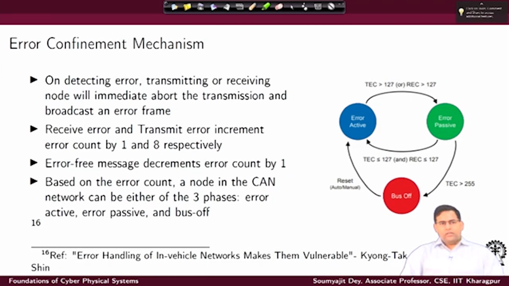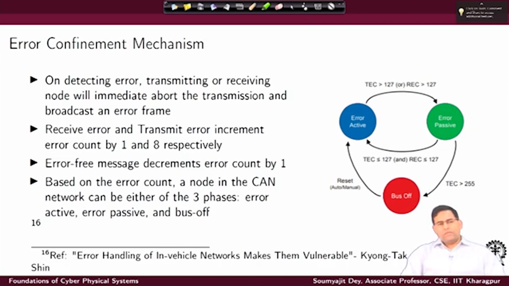On detecting an error, the node, whether the transmitting node or the receiving node, will immediately abort that particular transmission and broadcast an error frame, and the transmit node and the receiving node will respectively increment the transmit error count and the receive error count by different values. The transmit error count increases in steps of 8 and the receive error count increases in steps of 1 as per the protocol.